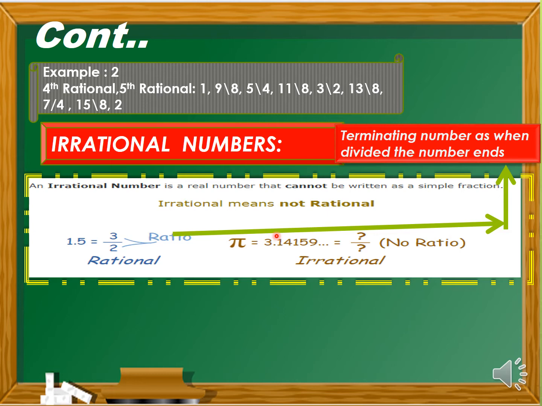So if the bar is on 9, this 9 will be repeating, that is 3.1415999 and goes on. So this is a non-terminating number, because the value of pi is not ending, as they have represented with dot dot dot. So they are called non-terminating numbers.